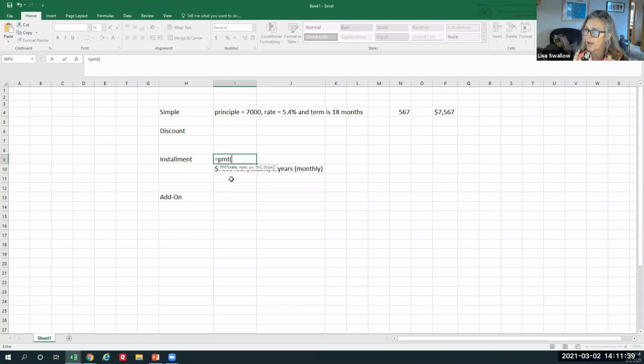It wants the rate, comma, the number of periods, comma, the principal. If I'm paying monthly, let me just back out of here so you can see all this. If I'm paying monthly, Carson, what do I put for my first field for interest?